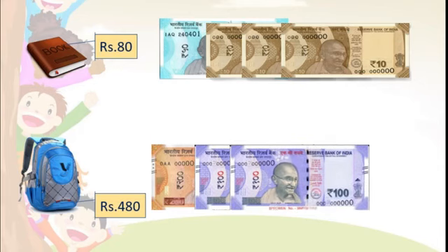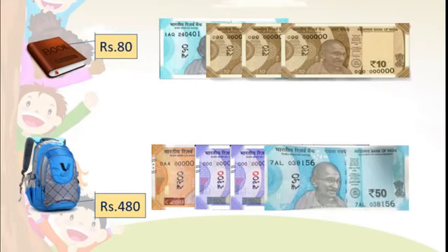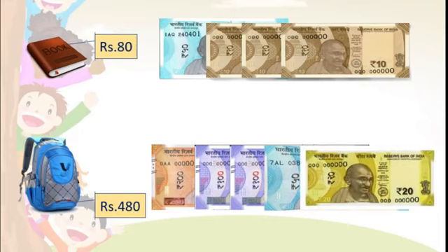One more 100 note means this became 500. Correct? 50 note means it became 450. 20 rupees means that total is 470, plus 10 means that is 480. Right?